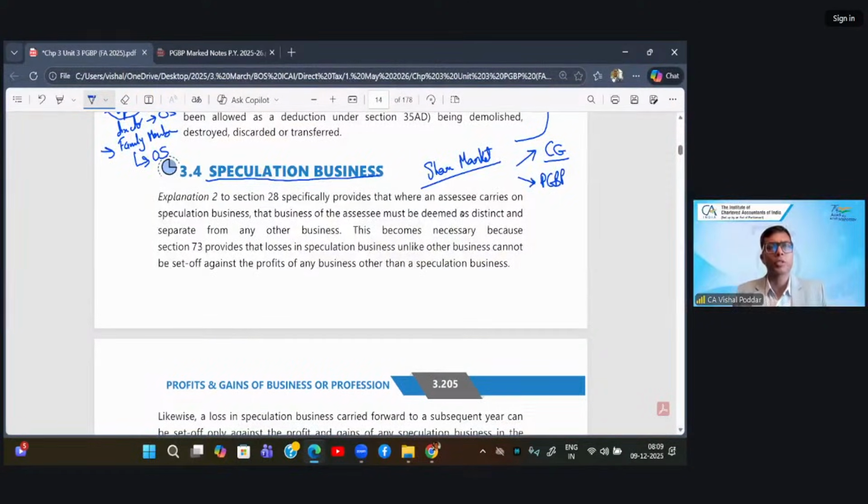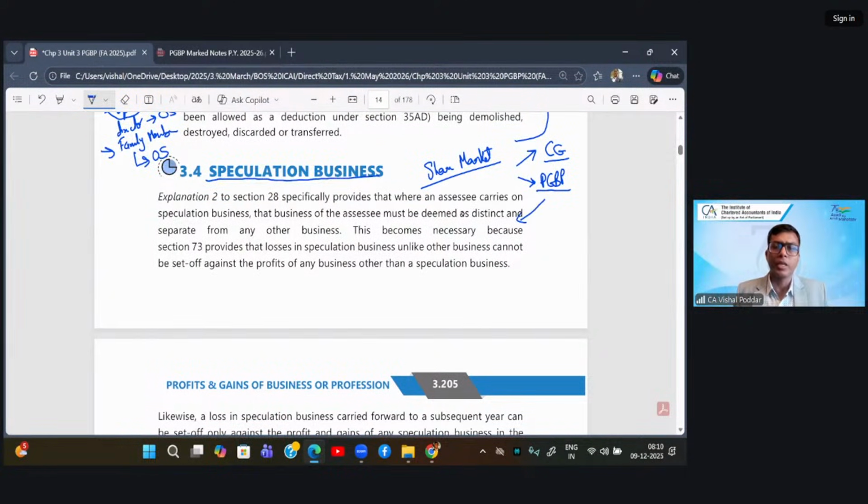This got a boost when technology came in, when you could do the trading online, but it got a bigger boost during the COVID period, because that was the time when people were idle and got time to look at something they could do from home. And now share trading is a regular activity where people are on a very focused, intentful basis doing regular trading. Where you are in the business of share trading, that is covered in PGBP.